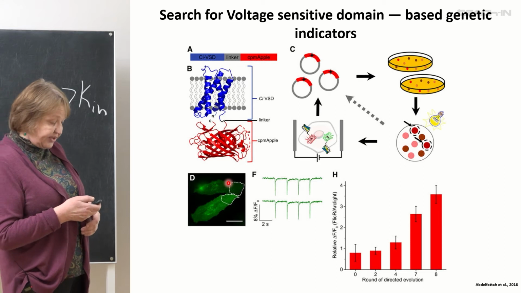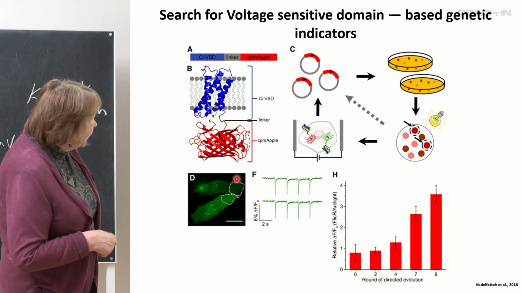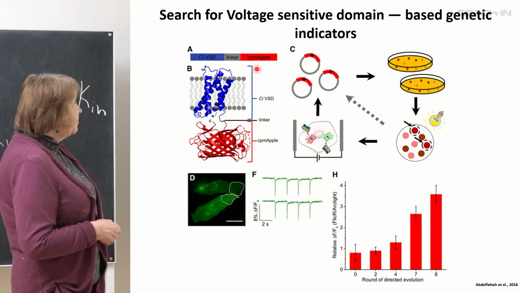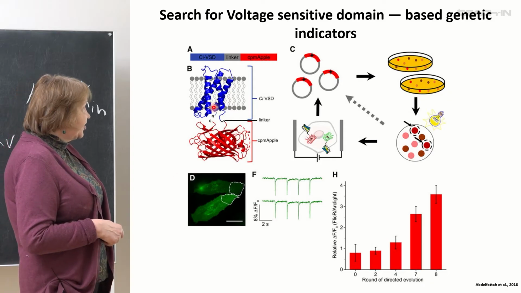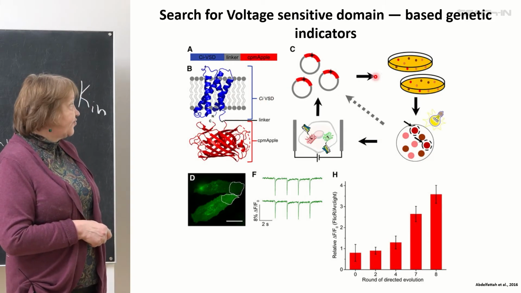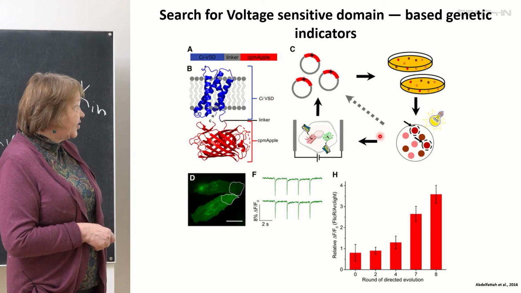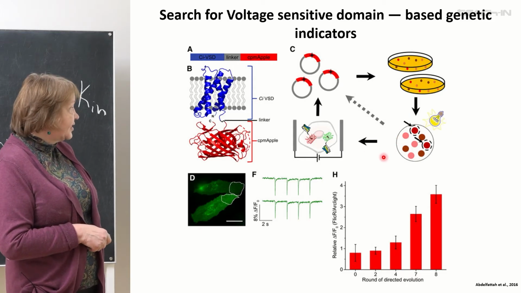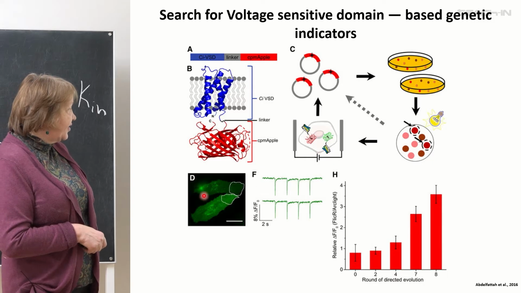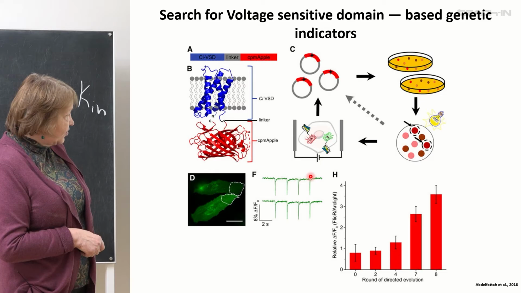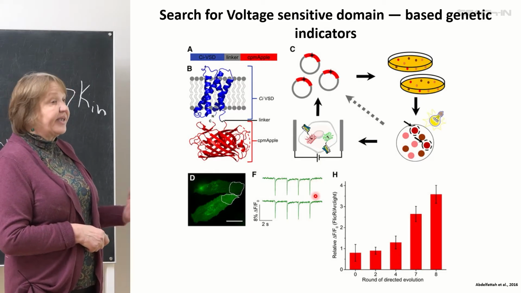This is from a paper showing how they were doing it. They attached GFP to the voltage sensitive domain, then transformed bacteria with it, and looked at the brightest colonies. Then they checked voltage sensitivity, and you see the voltage sensitivity here, and then they did it again and again and again.